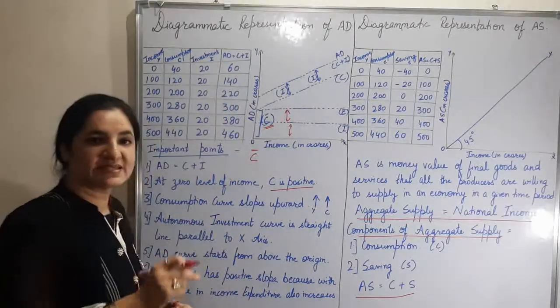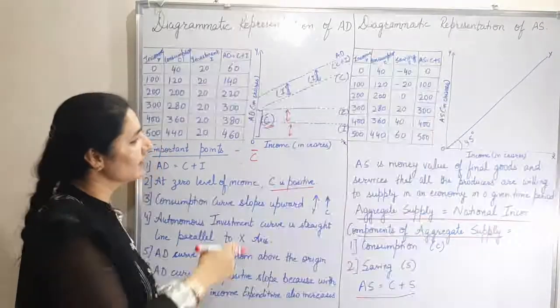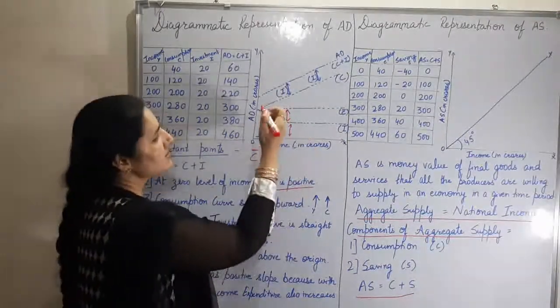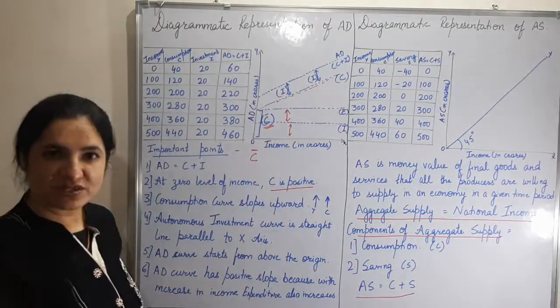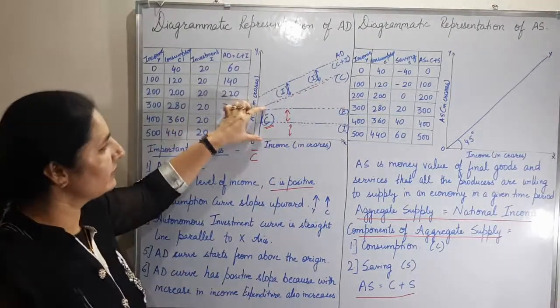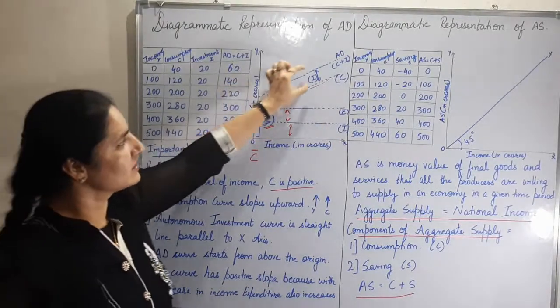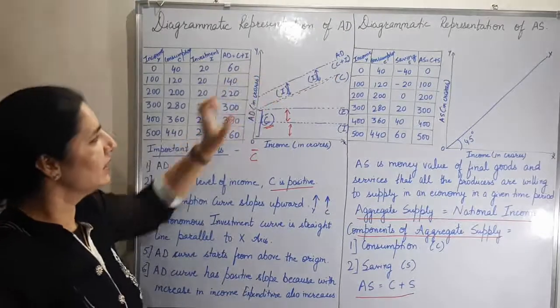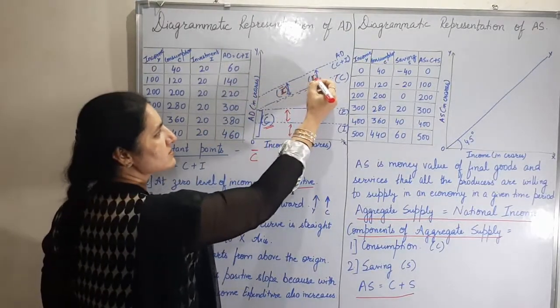Now, the second part of the consumption is the consumption which is increasing with increase in level of income. As I said, it is proportionate to the income. As income is increasing, this is also increasing. So it has a positive slope. When we add this area to this investment, it should be the big consumption like this.